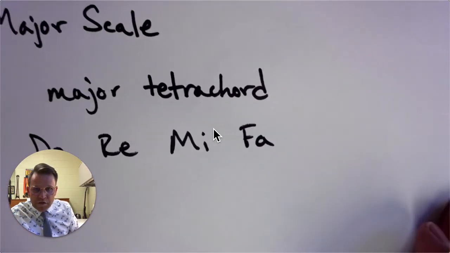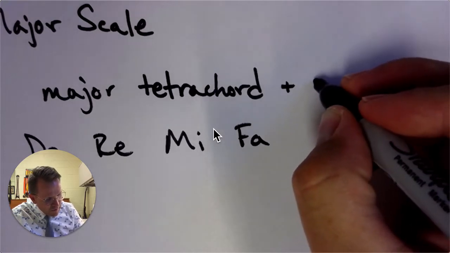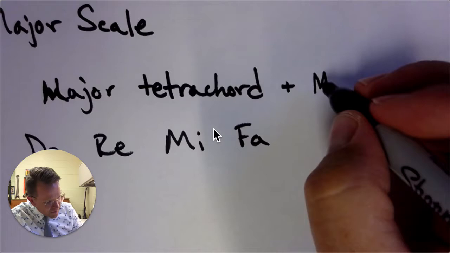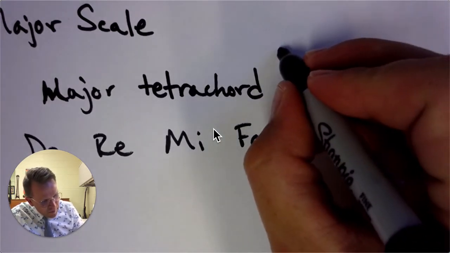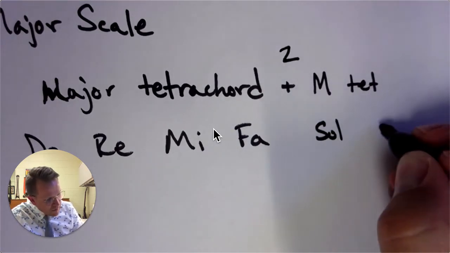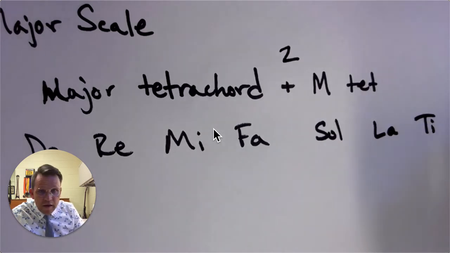And then we're going to link it with another major tetrachord, by two semitones, and we'll go sol, la, ti, and do.